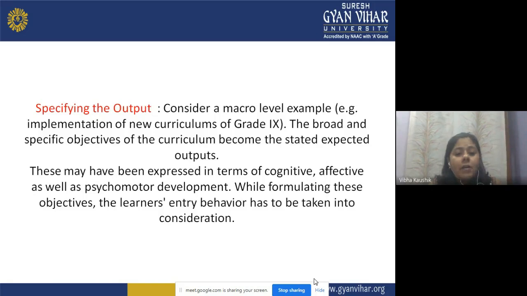These may be expressed in terms of cognitive, affective, as well as psychomotor development. These can be cognitive, affective, as well as psychomotor. Now, what is cognitive?